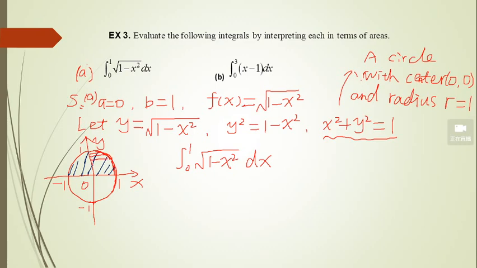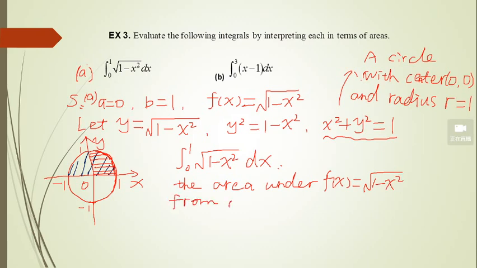This one means the area under the function curve. f of x equals, it also means y, under the curve from 0 to 1, right?